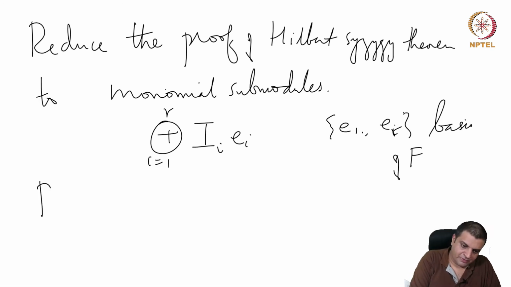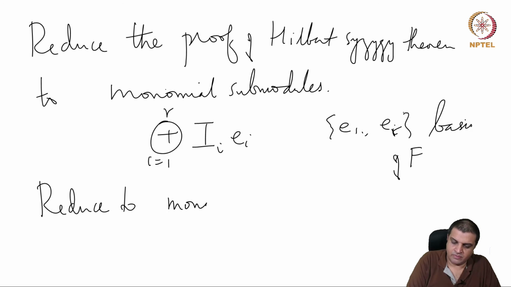So therefore, we further reduce to monomial ideals, to each component of this, and then this is just something dummy. You just have to prove it for I_i.